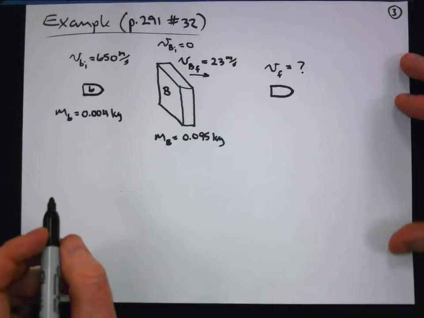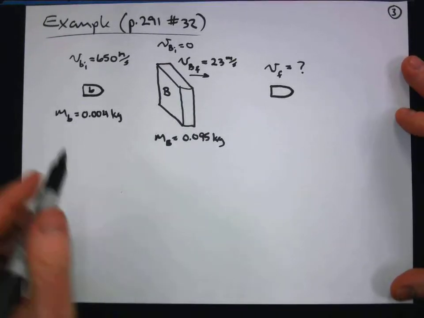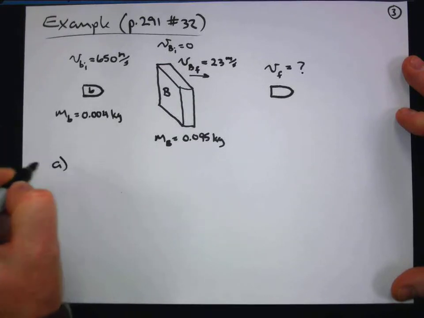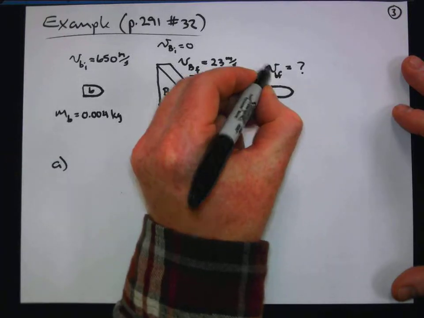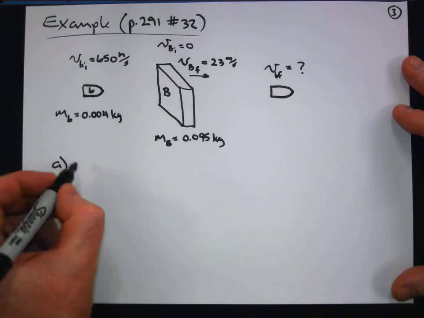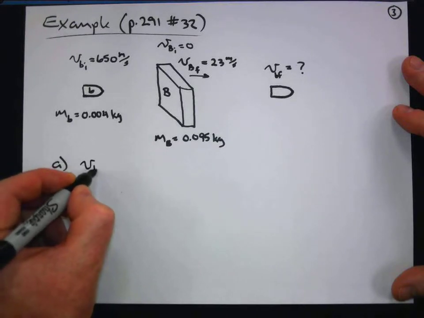So here, I'm going to outline the 3 questions that we're actually looking for. Part A, we are going to find, I missed a symbol here, didn't I? Final velocity of the bullet. We're going to find the bullet's final velocity.